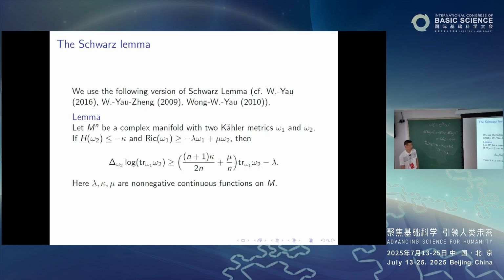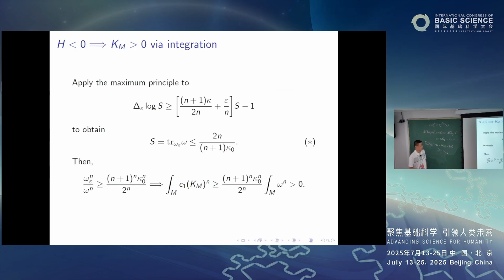This is still useful. So why is it useful? Well, now it's a compact manifold, right? So now you can apply the maximum principle. By the maximum principle, you get a fixed bound on this.